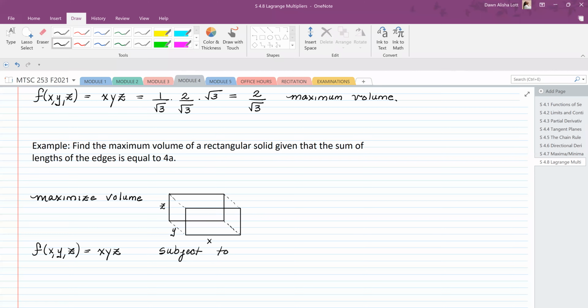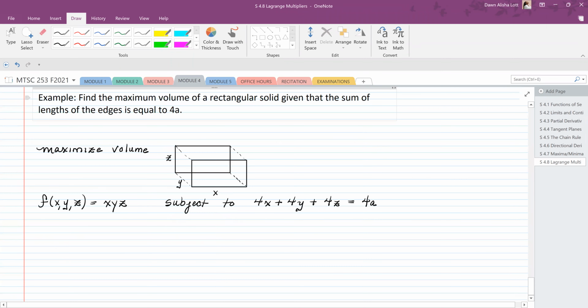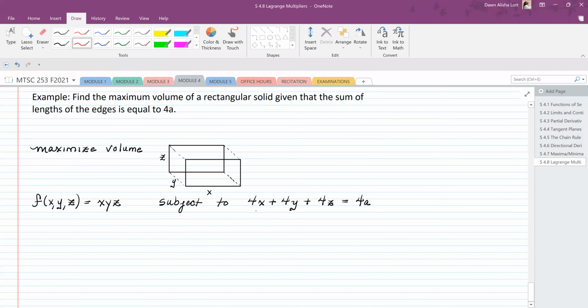Anaya, how many X edges do you have? 4. Good. How many Y edges do you have? 4. And how many Z edges do you have? 4. And that has to equal 4a. Okay, so therefore we're good because this is G of X, Y, Z equals 4a.